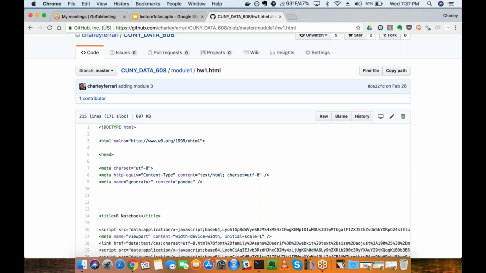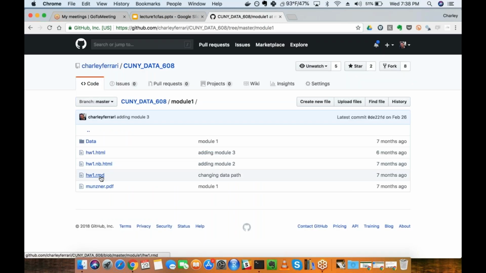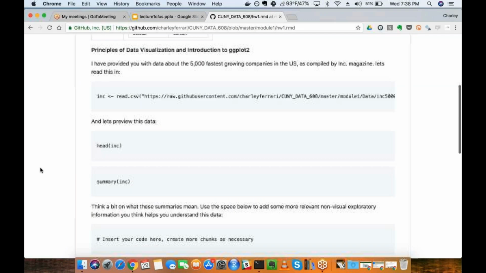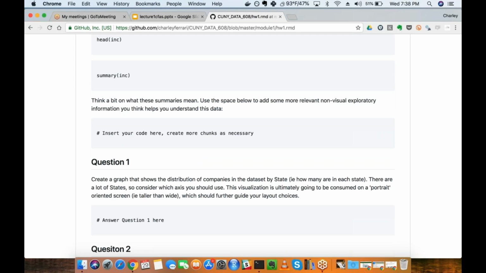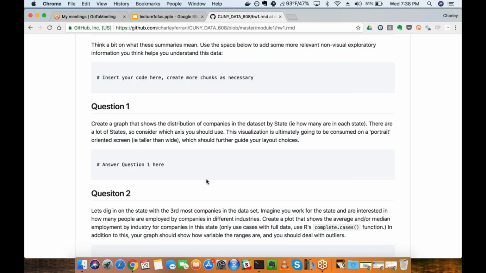Actually, I have this as an R Markdown document, so just use this as your template, and there's what I'm looking for. It includes some basic summaries of the data, and then looking at both of the questions.